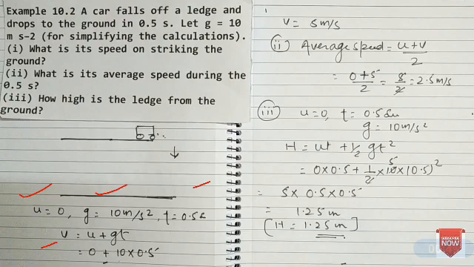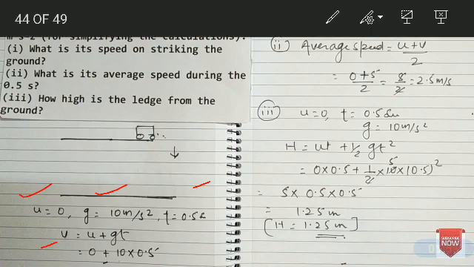Now to calculate the average speed, you add the initial velocity and the final velocity and then divide by 2. Initial velocity here is 0, final velocity is 5. After dividing the sum by 2, we get the average speed to be 2.5 meter per second.